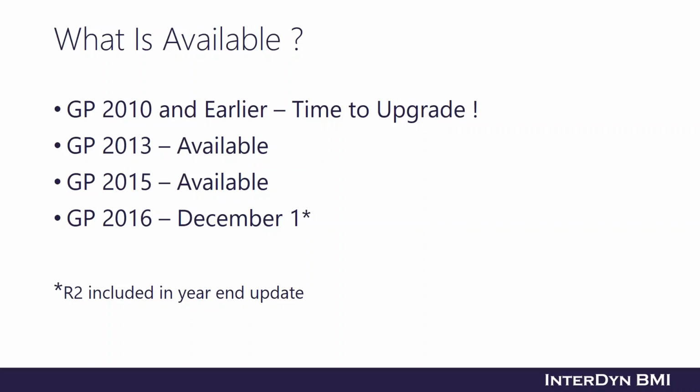And then we're also going to talk about some of the GP 2016 R2 features and when that's going to release, and then kind of close out with several links to important documents around the year-end process that the software is available for, and just other helpful things that might be outside of Dynamics GP altogether.